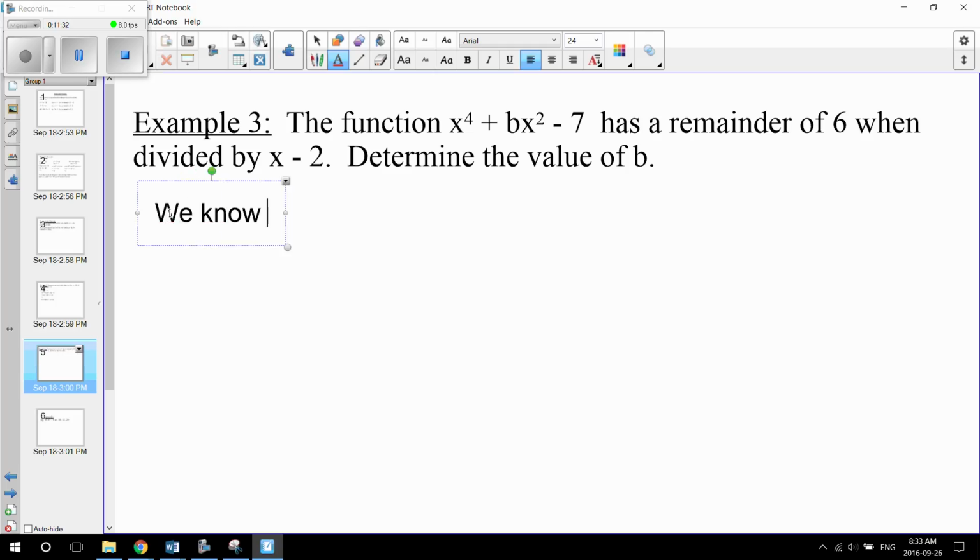So what we know so far is that p of 2, so our function p of x when we plug in the value of 2, which is this k value, we know for sure that we get a value of 6. Because from our remainder theorem, when we plug in the k value of our factor, we get the value of our remainder.